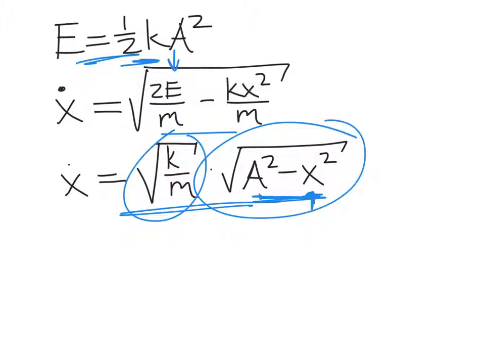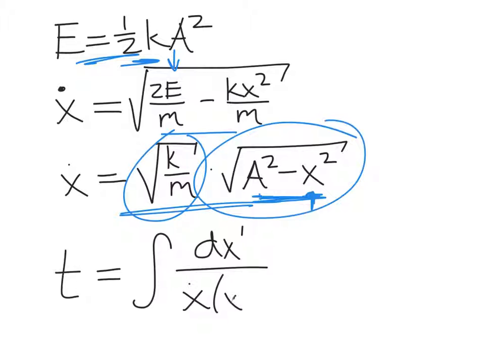Okay, so for the next part of part B in this problem, we're asked to use relationship 4.58 from earlier in the chapter to work out what t is as a function of this integral. So we've got t is equal to the integral of dx prime over x dot, which is itself a function of the integration variable x prime.